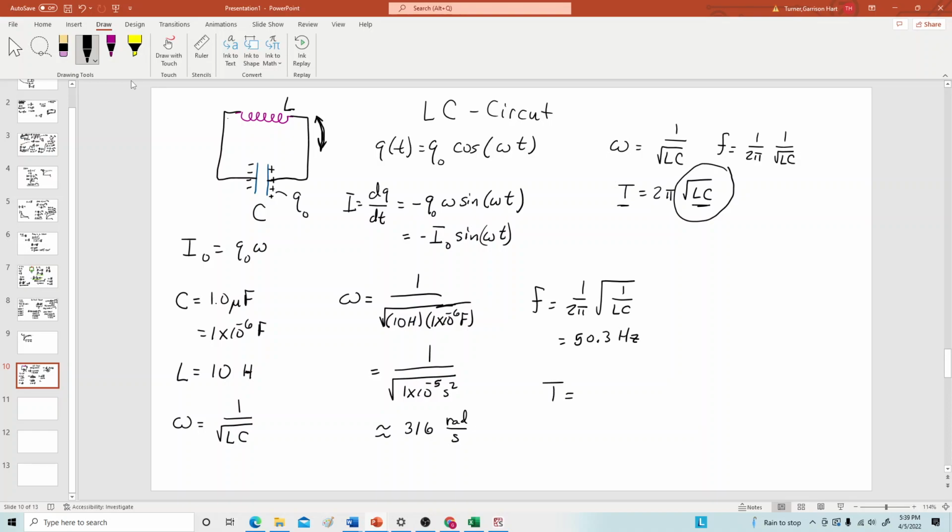The period is going to be the reciprocal of this. 1 over 50 is like 0.02, so this is going to be roughly 0.02 seconds. I'm ignoring the 0.3 here. Good enough for government work. So about 2/100ths of a second is what it takes for that process to happen.